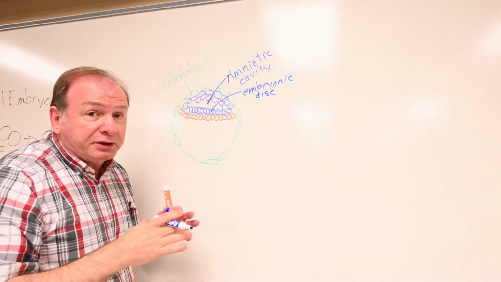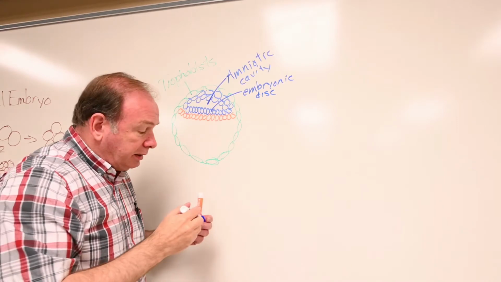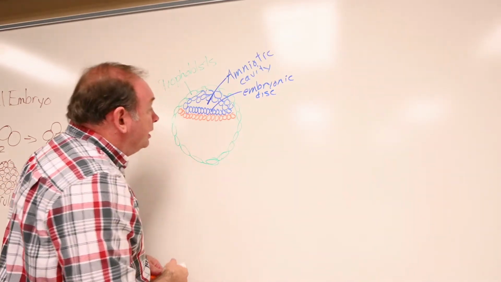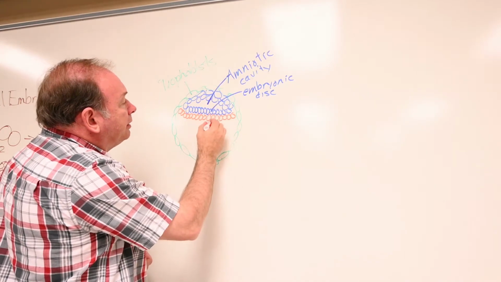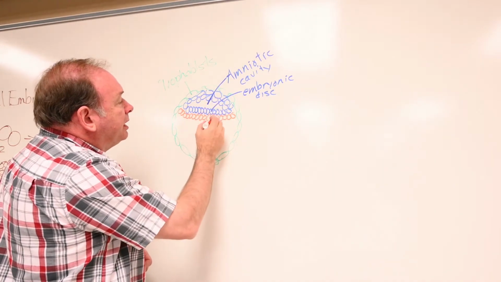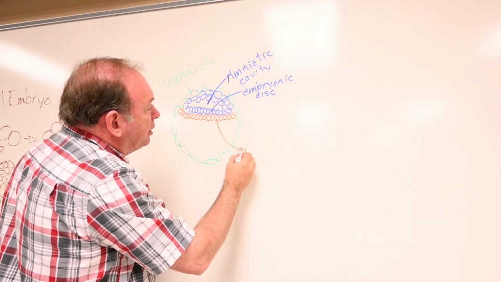Very much like what we saw on the surface of the chicken yolk, how that embryo was developing in the bird embryo. The lower layer of cells across here in this embryonic disc, this is going to be the endoderm layer.